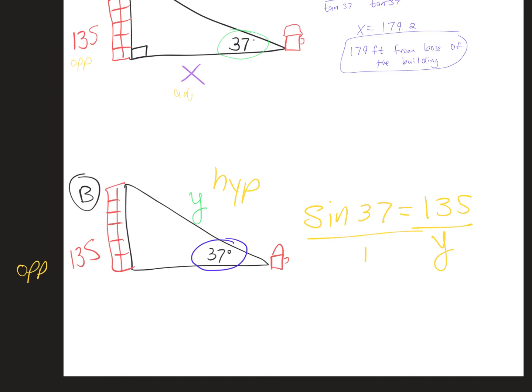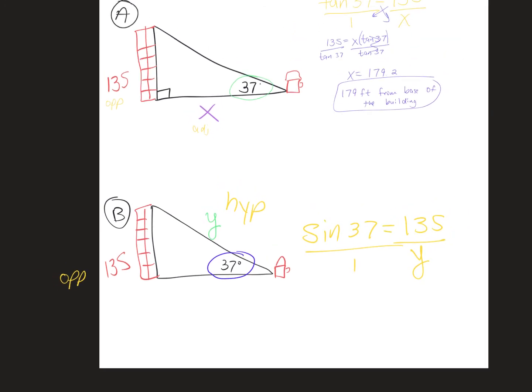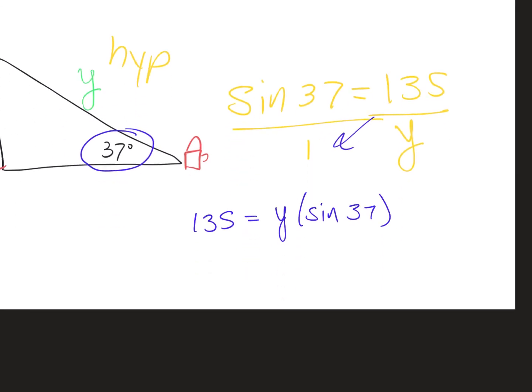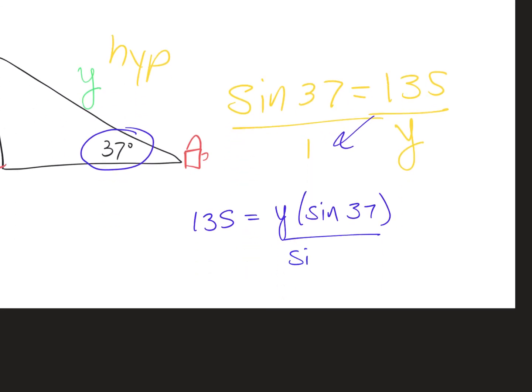Am I going to get the exact same answer? No. Different trig functions give you different answers. We solve it the same way. 135 times 1 is 135. Then I have y times the sine of 37. I want to get y by itself, so I divide both sides by sine 37, right?